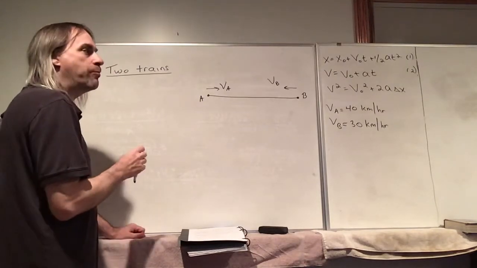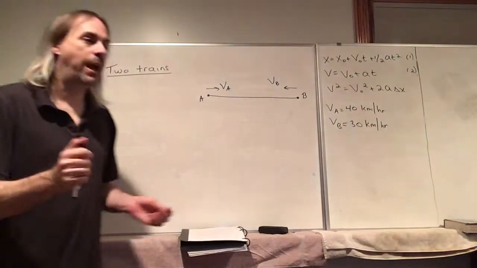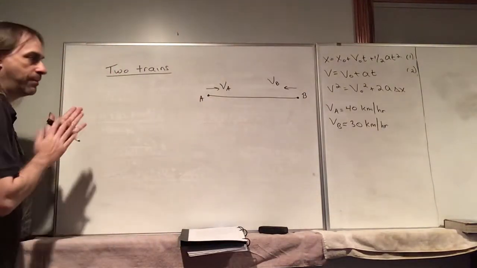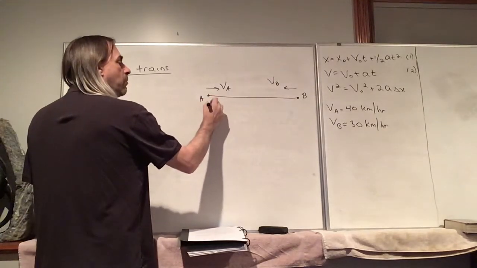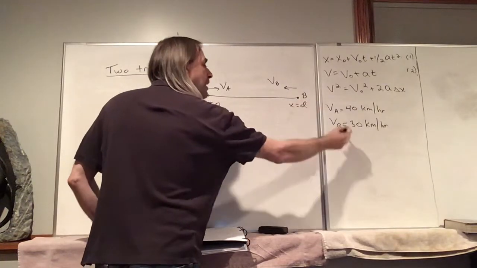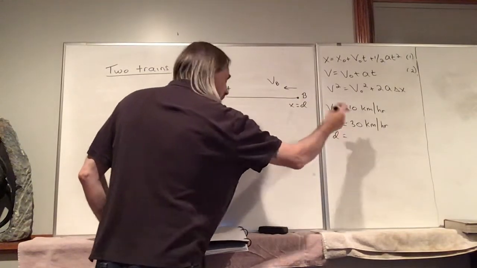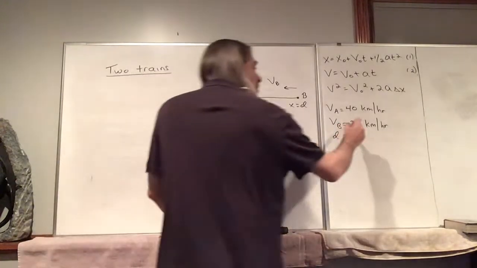Let's start out by writing down the position of each train as a function of time. Let's say this is x equals 0, and this is x equals d, where d is the distance between the two stations, which was 350 kilometers.